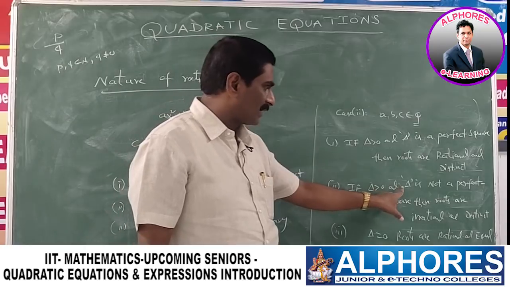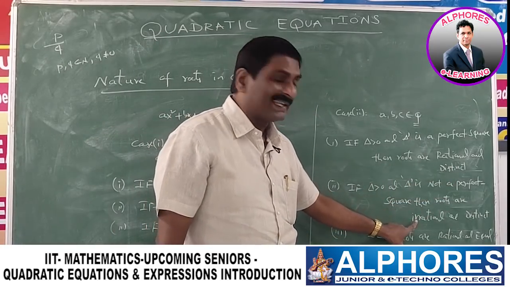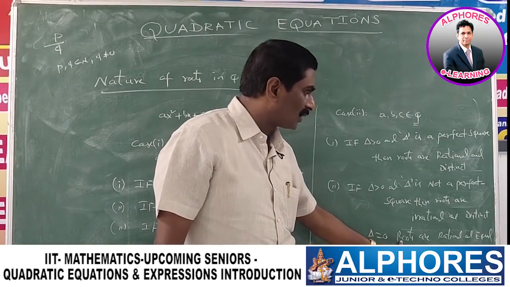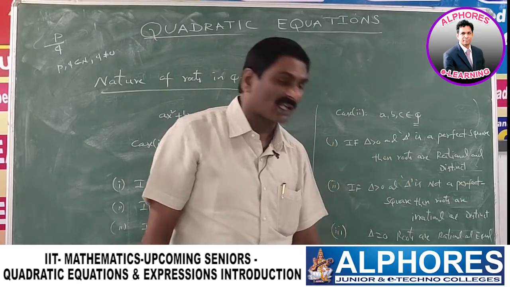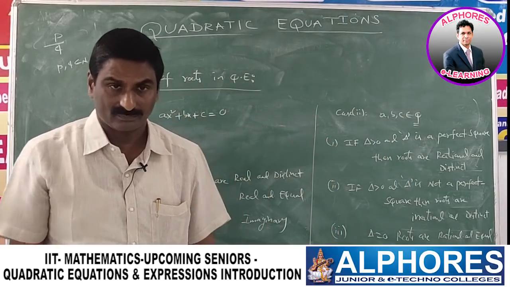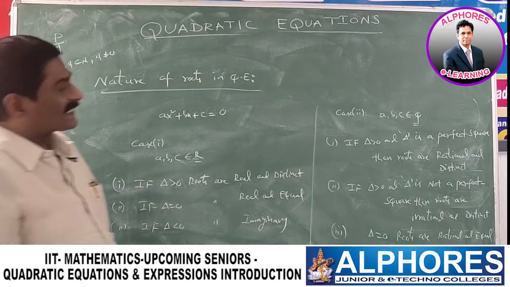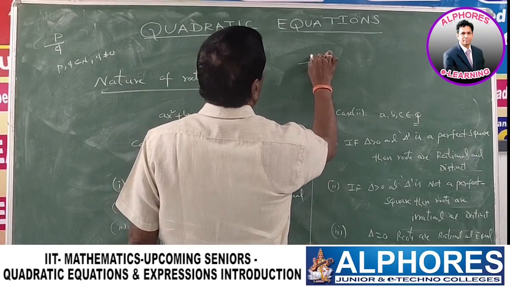If delta greater than 0 and delta is not a perfect square, then the roots are irrational and distinct. If delta is equal to 0, then the roots are rational and equal. If delta less than 0, then the roots are imaginary.